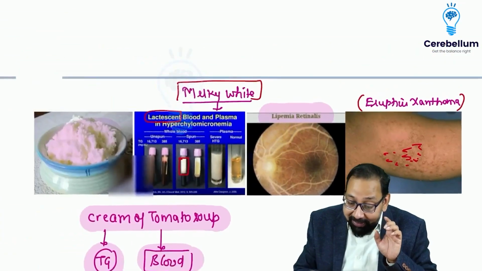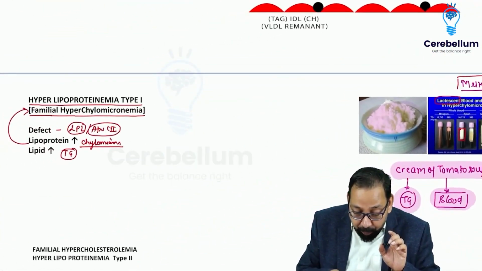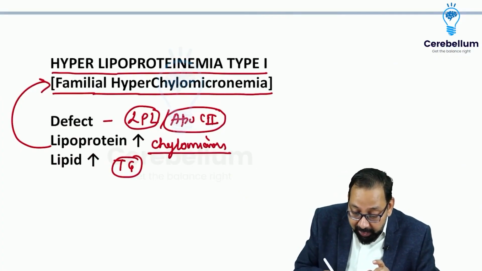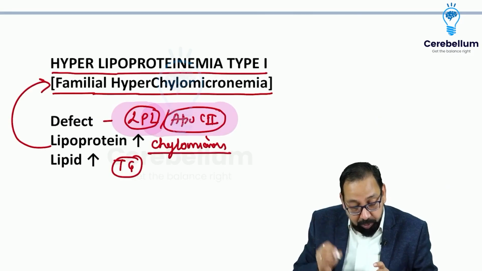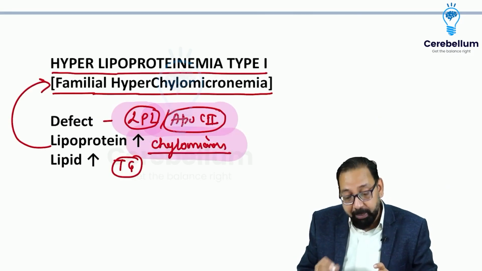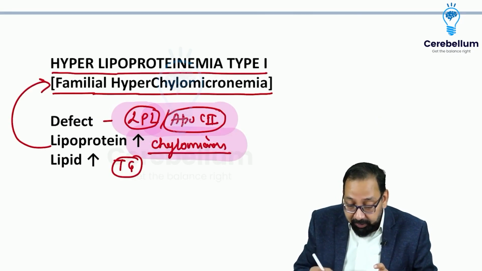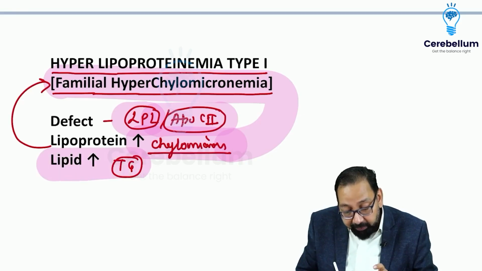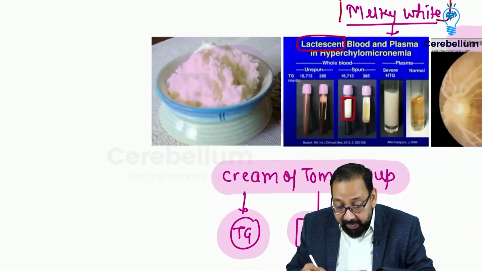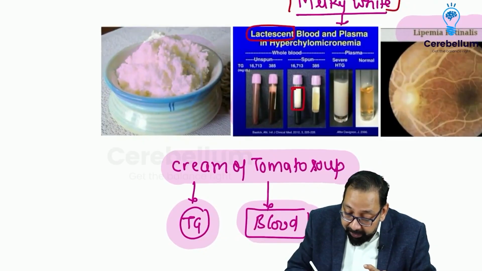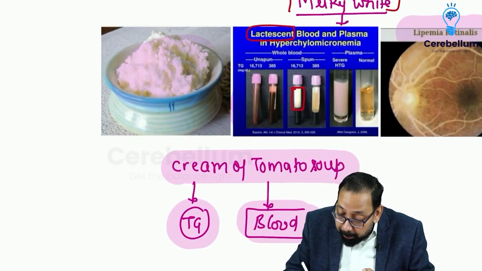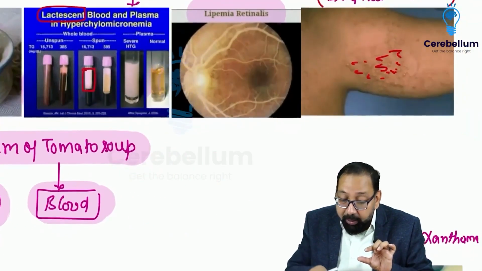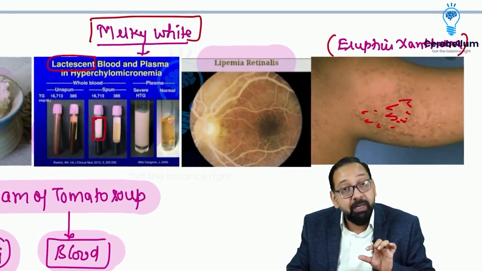So now I can say type 1 hyperlipoproteinemia or familial hyperchylomicronemia: the defect is lipoprotein lipase or ApoC2. In this, chylomicron will not be metabolized, so chylomicron will increase. That's why it is called familial hyperchylomicronemia. In this, triglyceride will increase. Due to increased triglyceride, there would be cream of tomato soup appearance or milky white plasma, supernatant layer of white color, lipemia retinalis, and eruptive xanthoma.